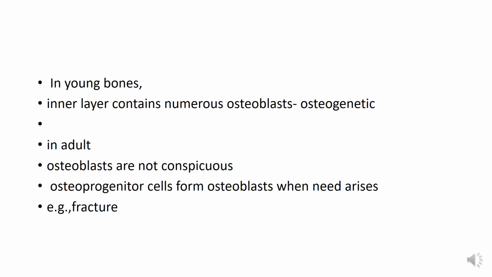In young bones, the inner cellular layer contains numerous osteoblasts. Osteoblasts are bone forming cells, so it is osteogenetic. In adults, the osteoblasts are not conspicuous. It contains predominantly osteoprogenitor cells, and these osteoprogenitor cells can form osteoblasts when need arises.